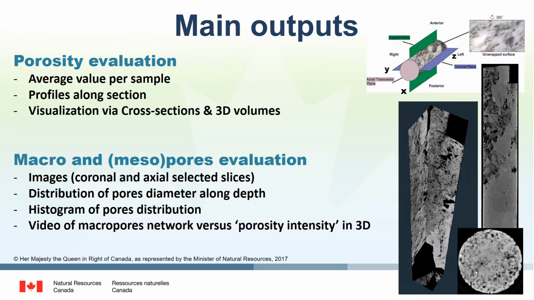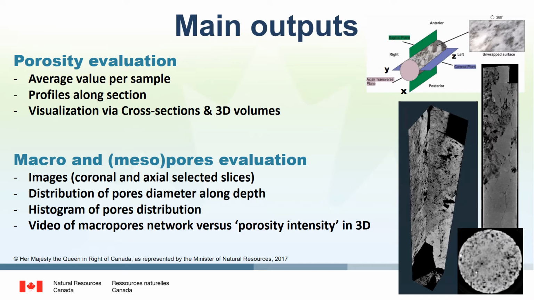Here is a summary of different outputs obtained from each one of the wall core samples we analyzed. There are two main porosity aspects that are assessed. First, the porosity is evaluated throughout the sample with an average porosity value comparable to those obtained with gas porosity.